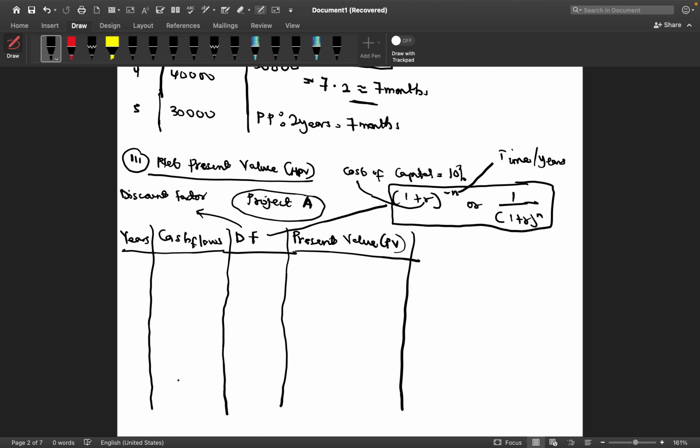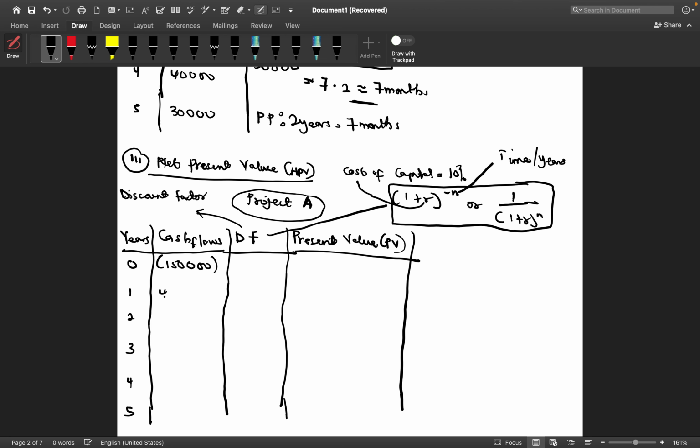So with the years, for project A, the same cash flow, we have 0, 1, 2, 3, 4, this is 5. Year 0 was given as 150,000.